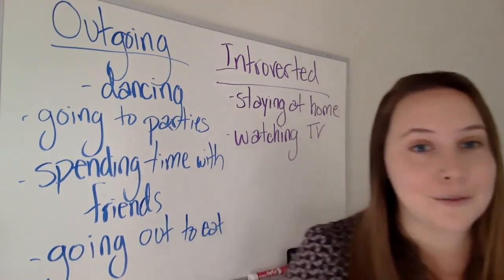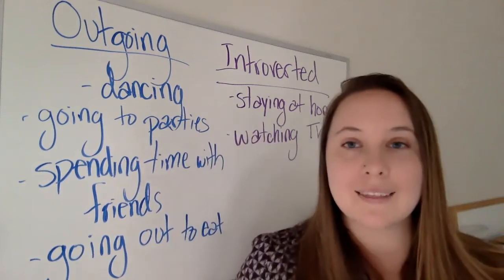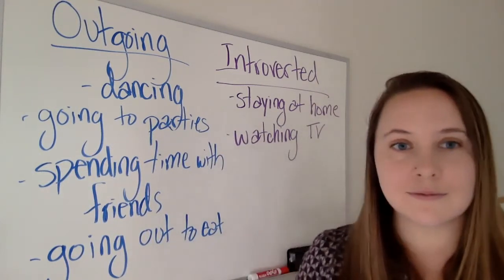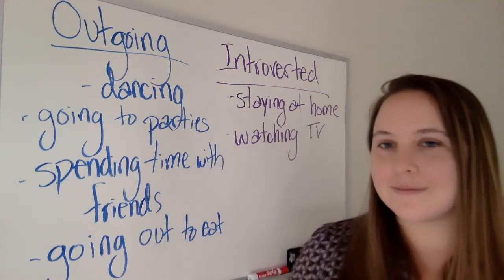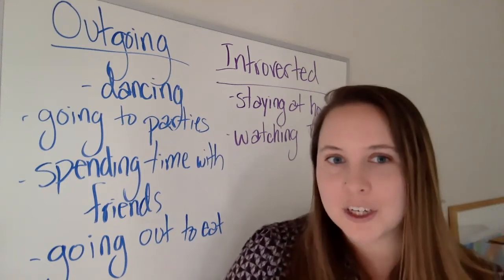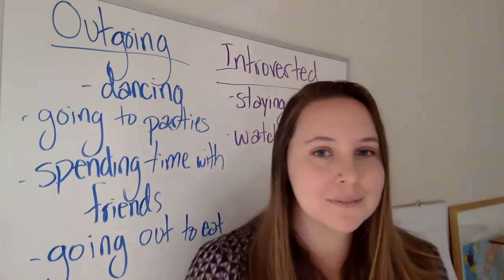So think to yourself, what are 3 other things that someone who is introverted might like to do? Okay, again, if you need more time, just pause the video. You can have as much time as you want.